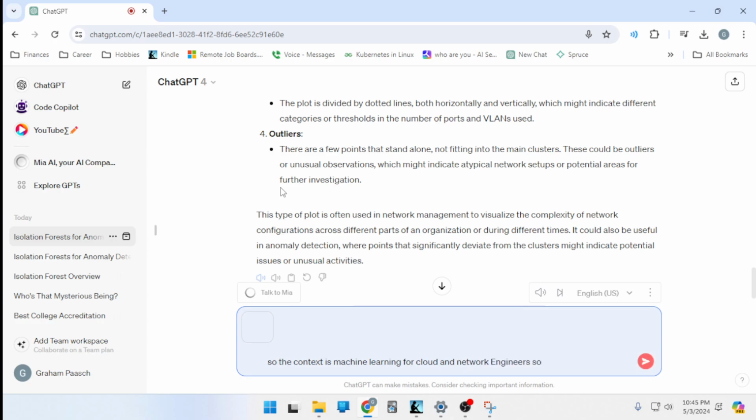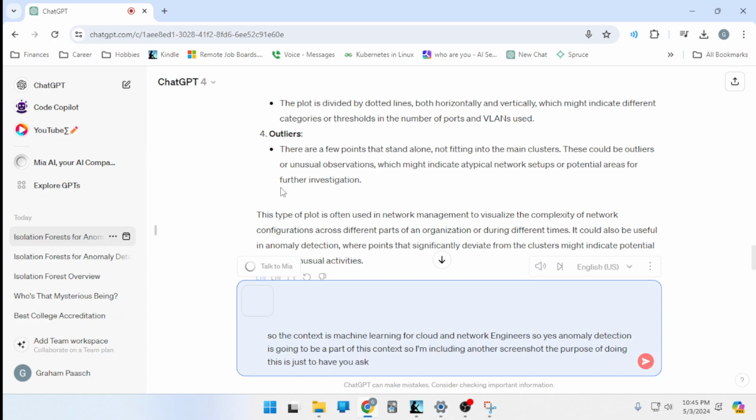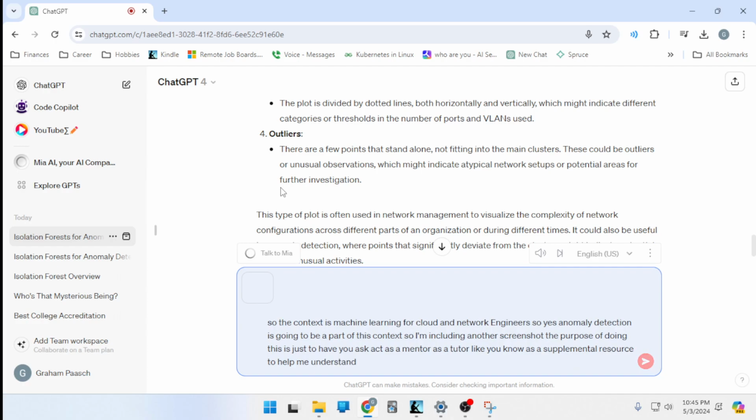So yes, anomaly detection is going to be a part of this context. So I'm including another screenshot. The purpose of doing this is just to have you act as a mentor, as a tutor, as a supplemental resource to help me understand this subject matter faster.